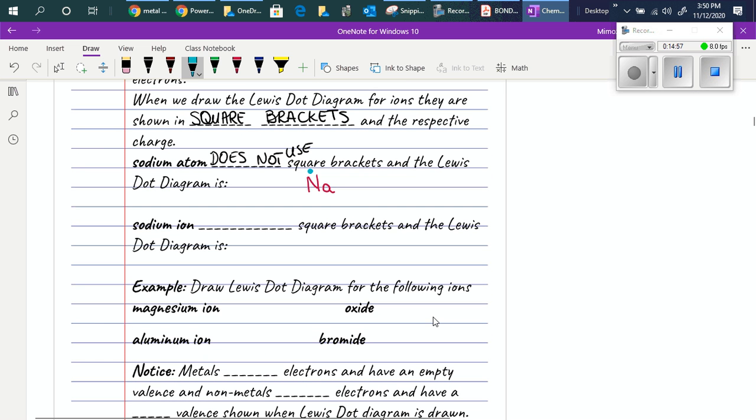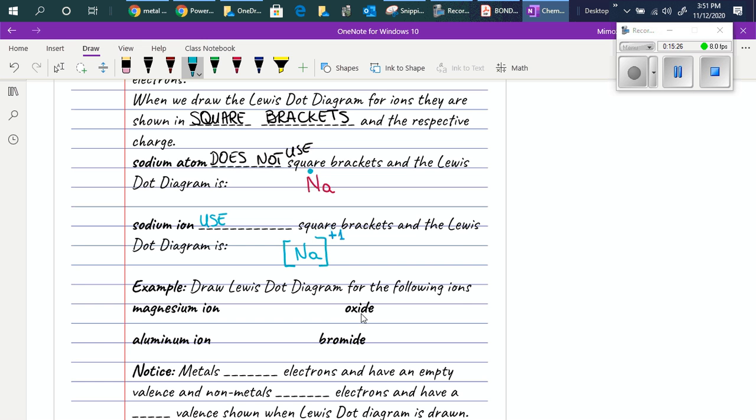What do we have in the sodium ion? We will use square brackets, and the Lewis dot diagram for it will be just like this, and now the ion is +1.